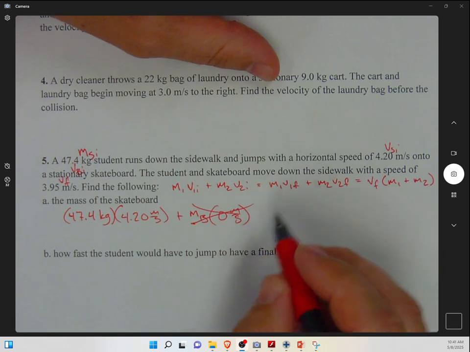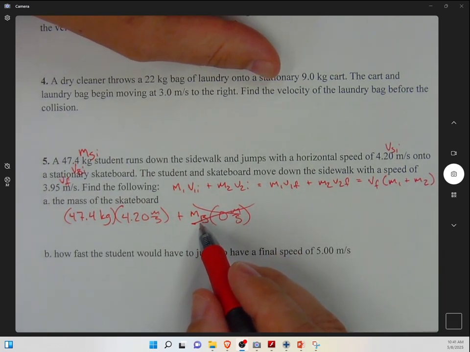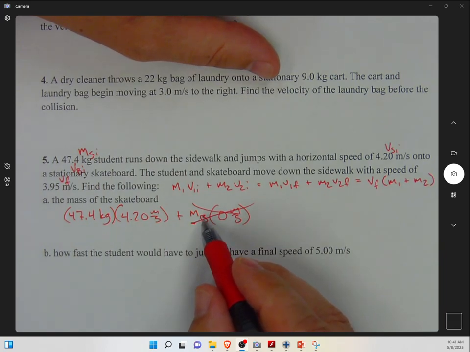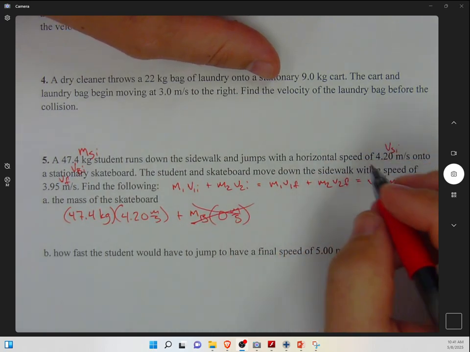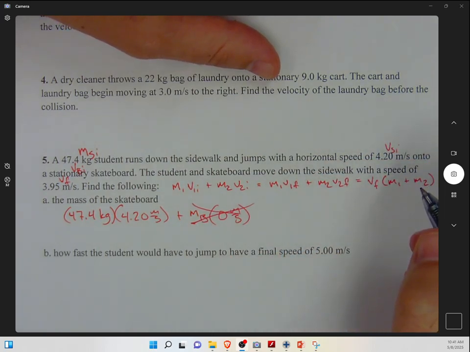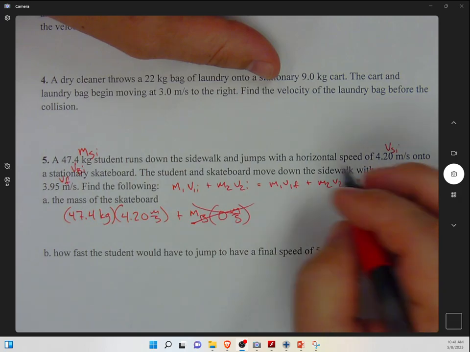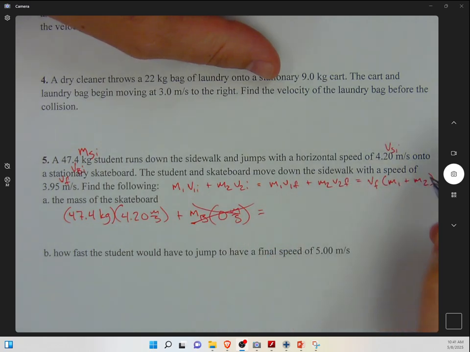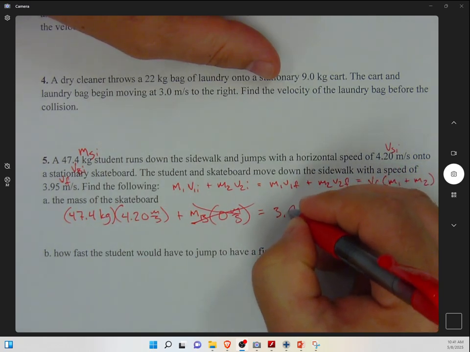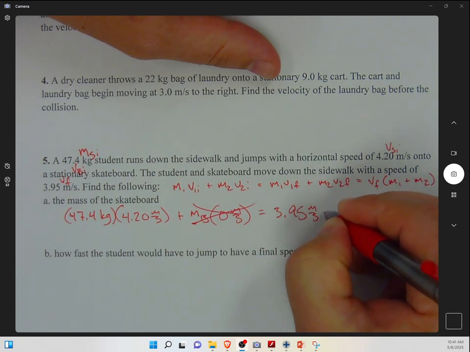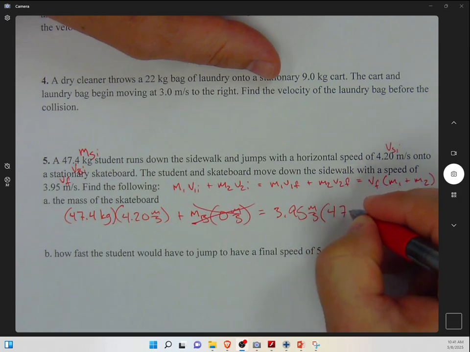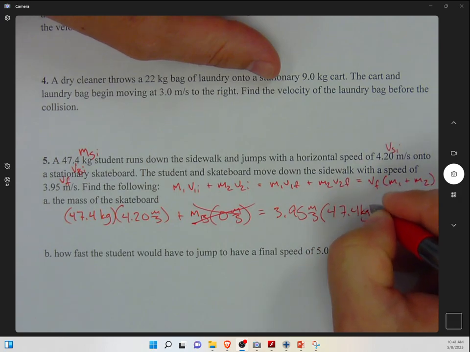This is going to allow us not to have to deal with a second M sub B, or an M2, when solving for this, and that's going to make things a lot easier in the long run. And that's going to equal the final velocity, 3.95 meters per second, times M1, the student.